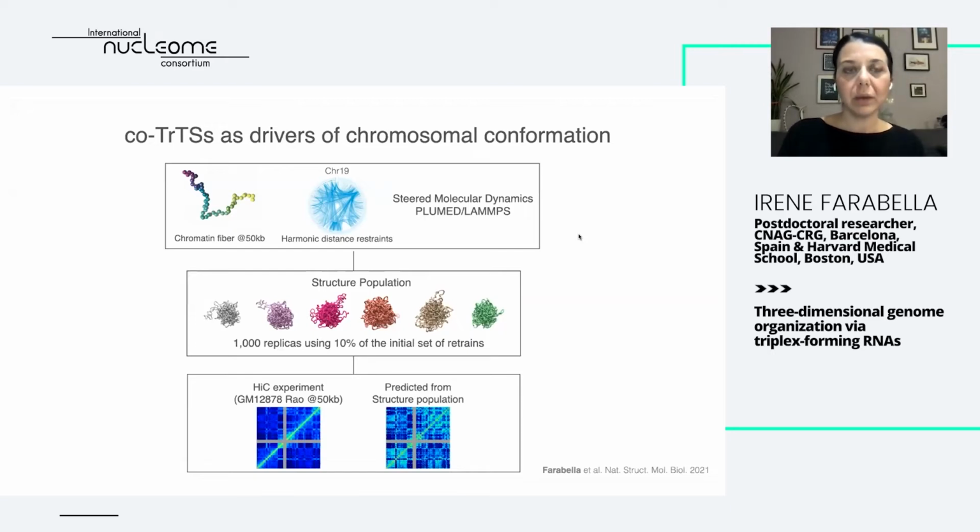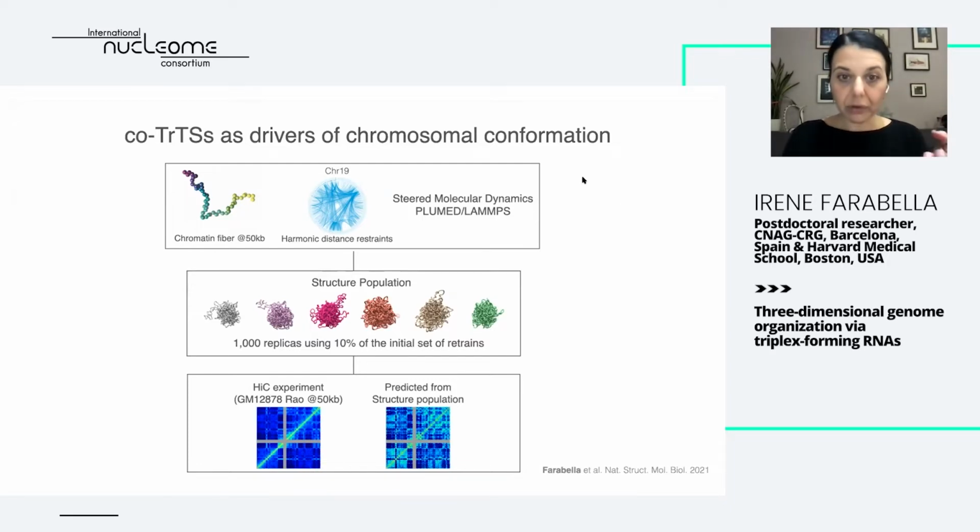In our modeling, we represent the chromatin fiber as a homogeneous beads-on-a-string representation, and then we use as restraints the co-localizing triplet target pairs that we identified. Bear in mind that generally these pairs are normally less than 3% of all the possible significant interactions that we can find in the Hi-C experiment.